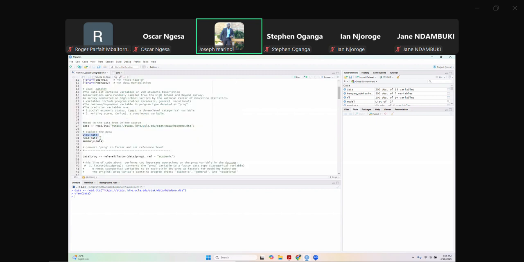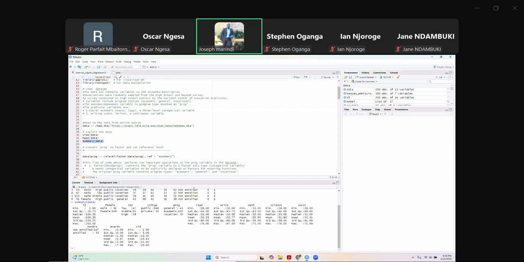Now we can get a brief summary by running the head code, and down here you're able to see a brief of what the data is about. Further, we can run summary, and here you can get descriptive statistics of the data. You can basically see the mean and the median of this data.